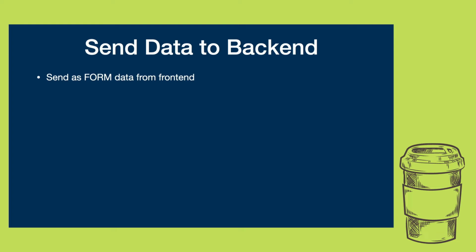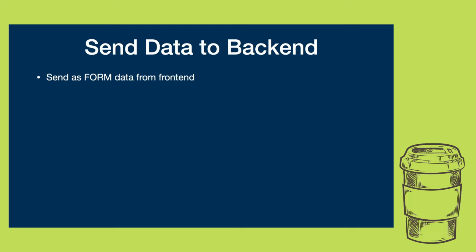Now that the user has uploaded the photo, the next step is how you take this and then send it to your backend. And a very easy way to do that is going to be by using form data. It's pretty much the most common example of sending any form data to the backend, no matter how simple or complex an HTML form is.